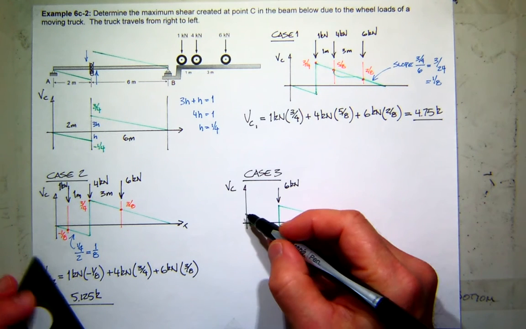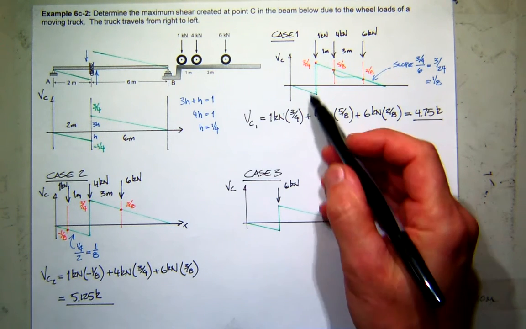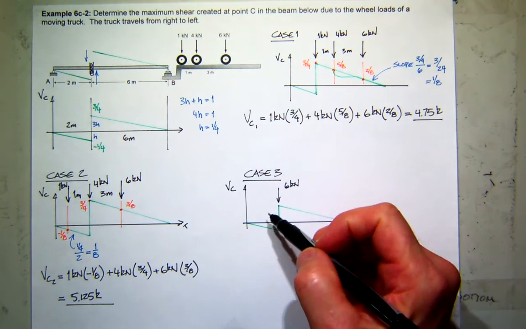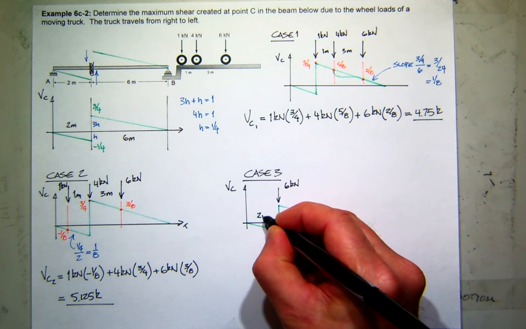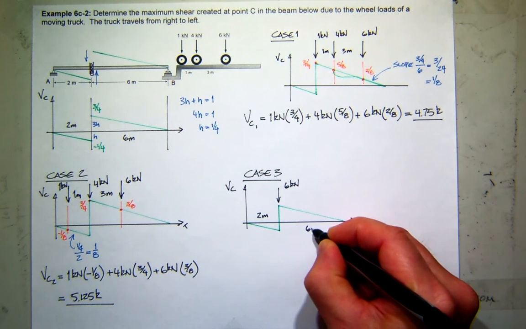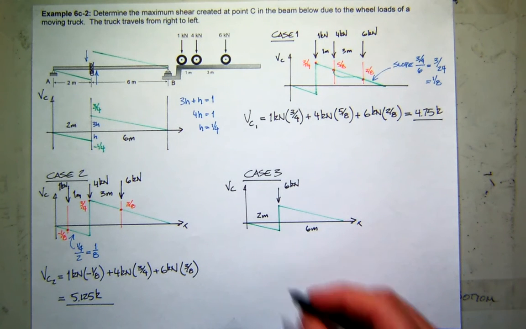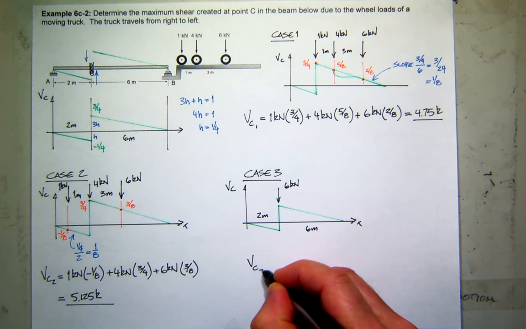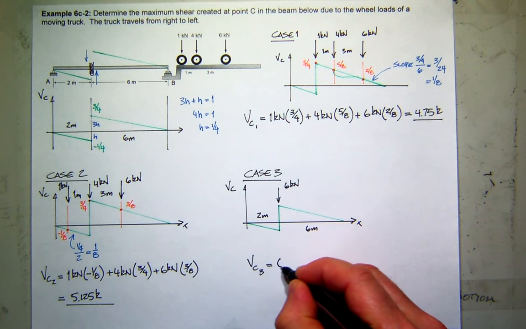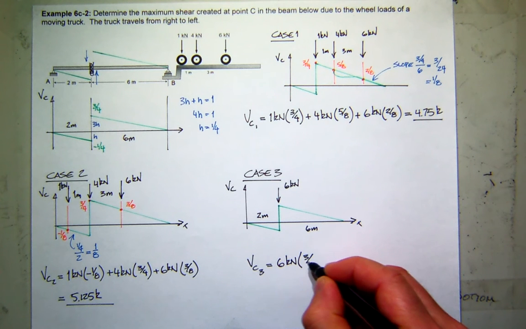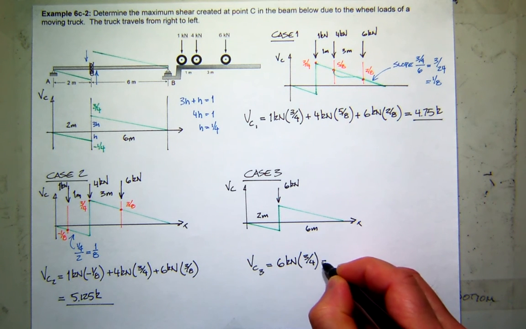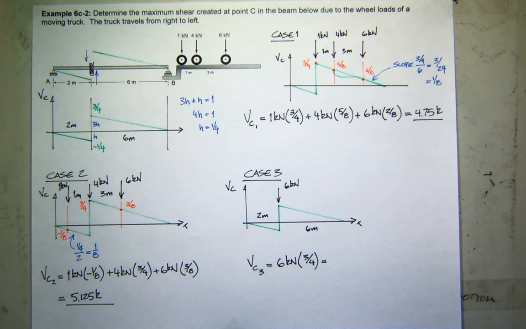And then 3 meters in front of it is the 3 meters. We're off the structure. Yep. So that's an easy one. So the shear at C for case 3 is just going to be 6 kilonewtons times 3/4. Which is 4.5.